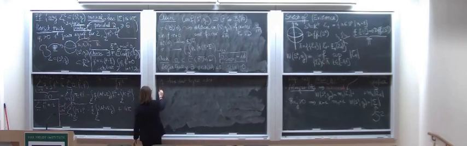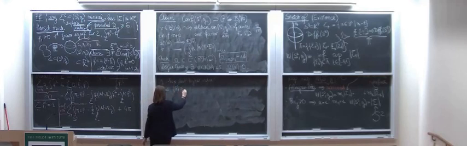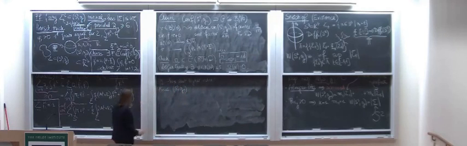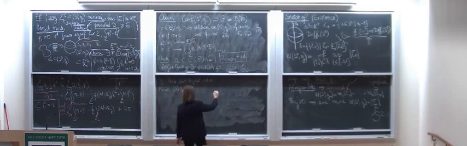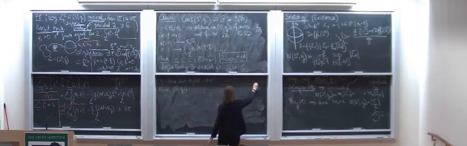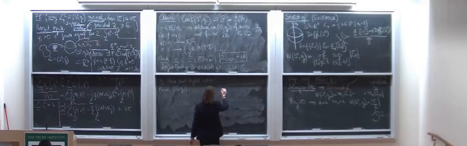Let's focus on the special case of the three-sphere with a round metric. In this case, we have equators here. So this is index equal to 1.